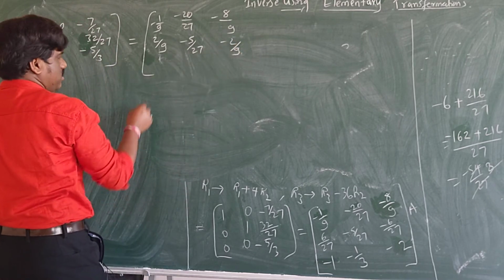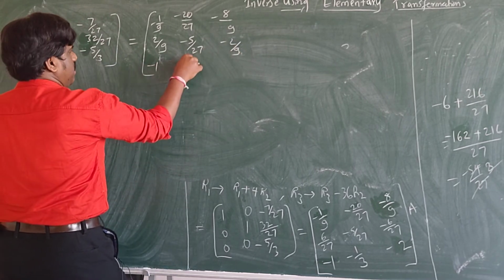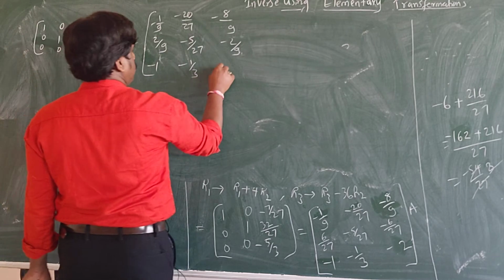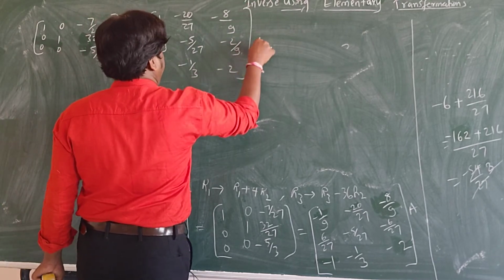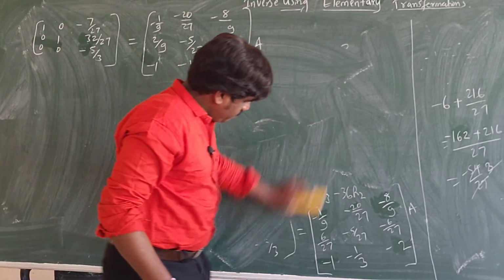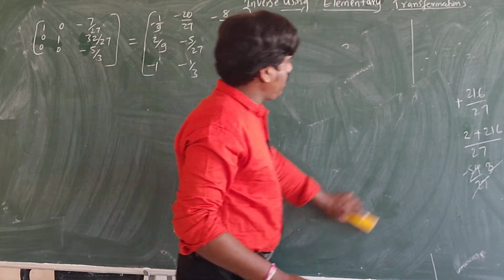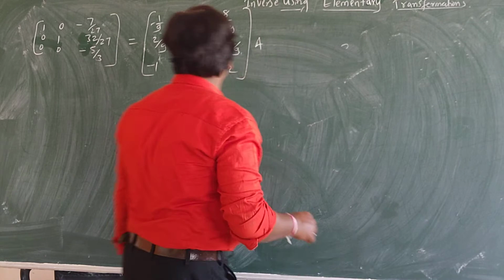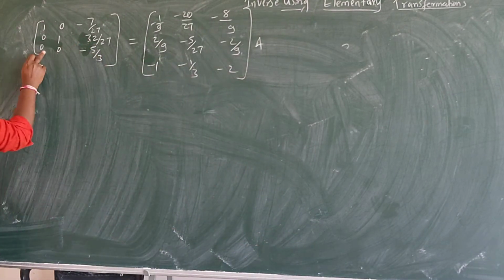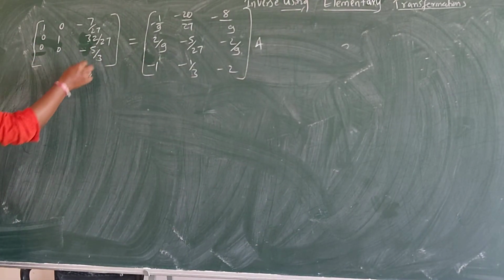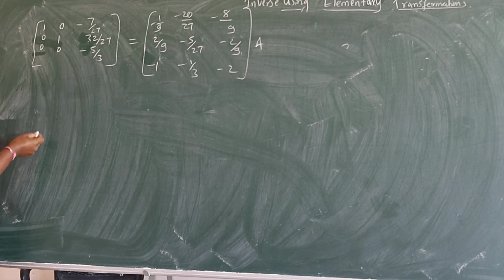Cancellation after. Minus 1, minus 1 by 3, minus 2 into 8. This is what you have. So what we will do now, our next target will be making this one 0 or this one 1. If I want to make this 1, what do I write here?